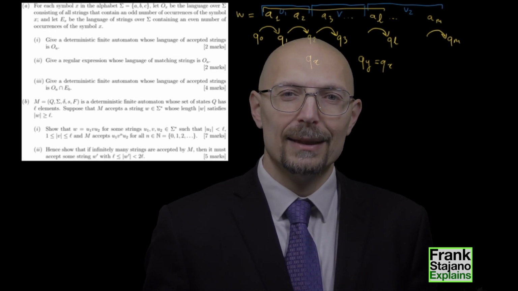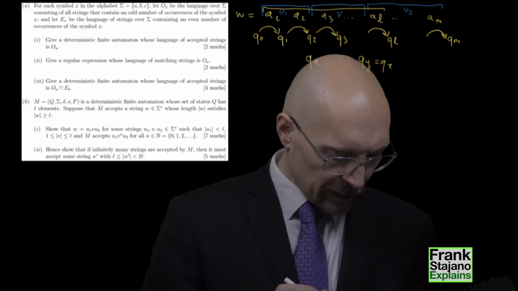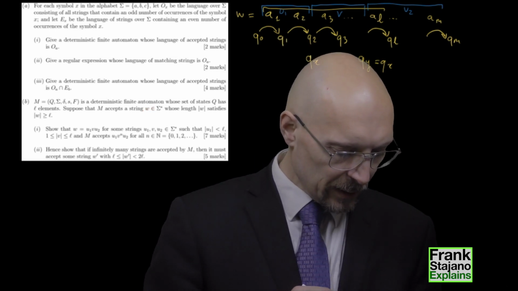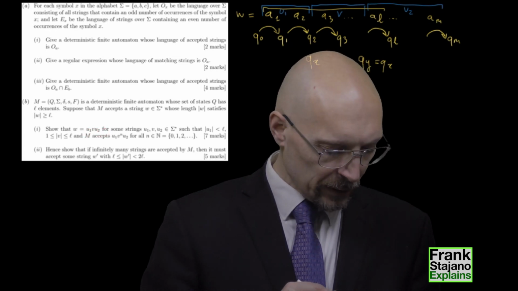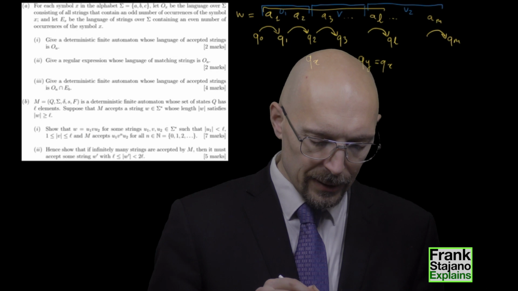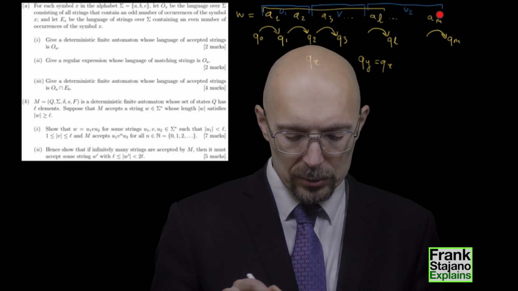But that's not a rigorous argument, because W, our starting string over here, could be expressed as U1 V U2, and while it's true that U1 and V together were within length L, U2 was unbounded.